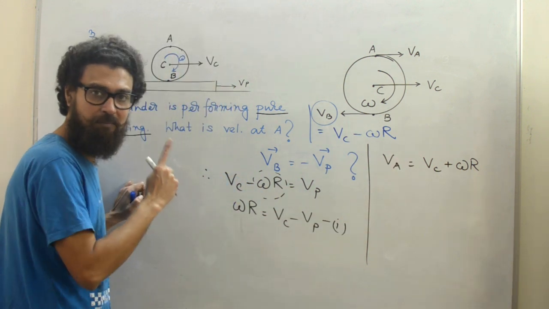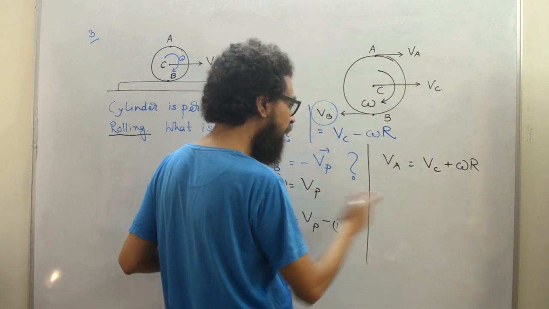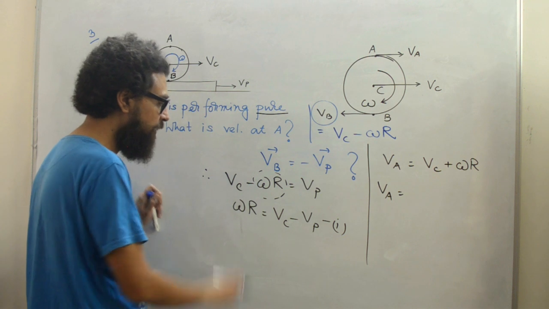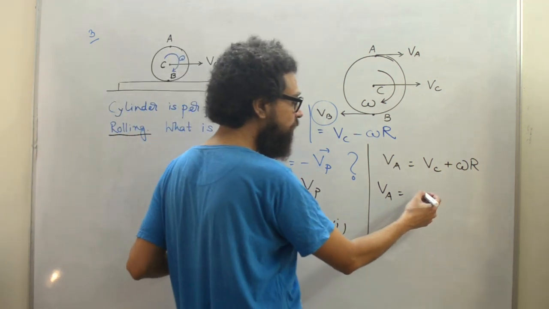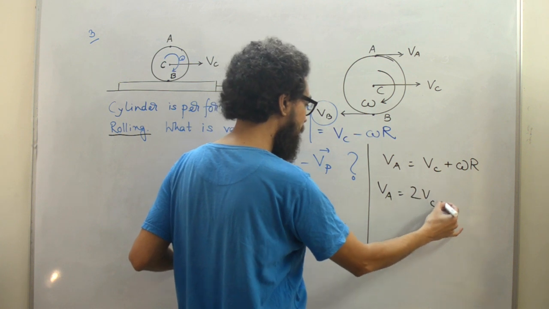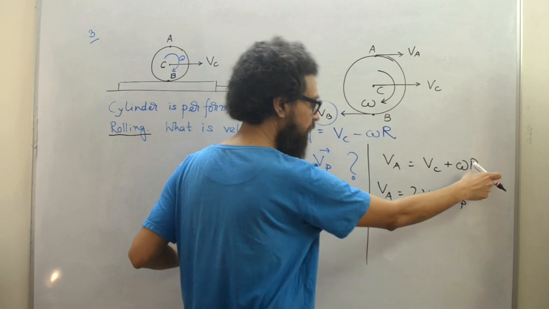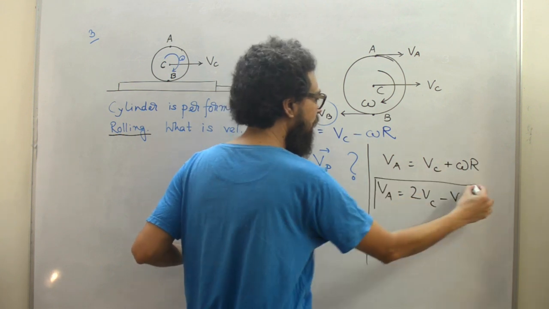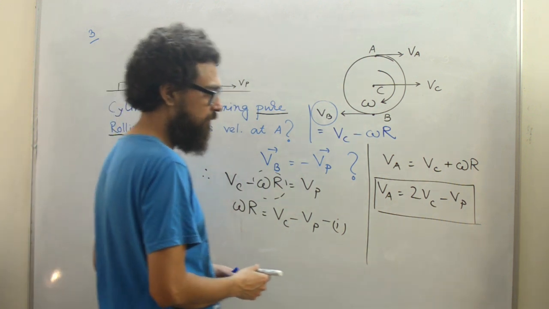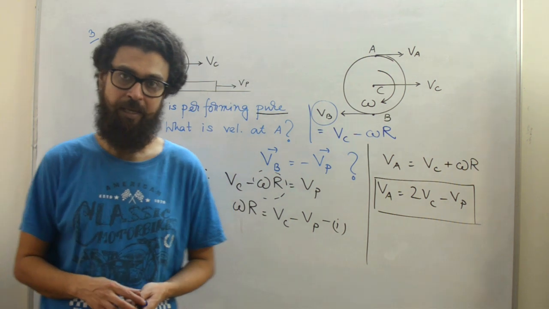Please be careful. So we have the value of omega r. So I am going to write Va is equal to Vc plus Vc minus Vp, that is, 2Vc minus Vp. So we have solved the problem. This would be the answer.